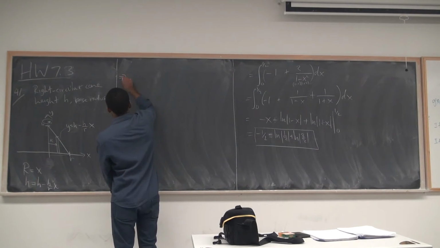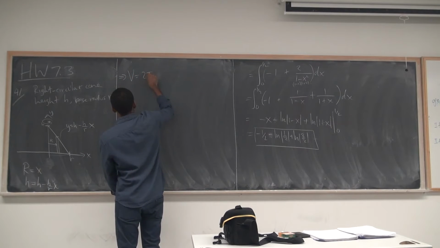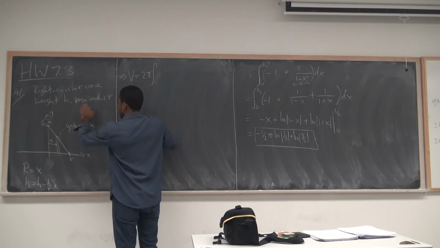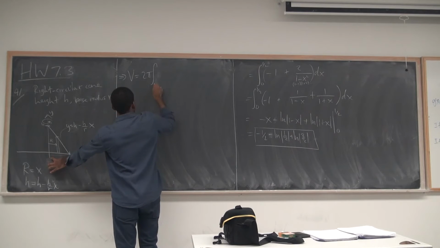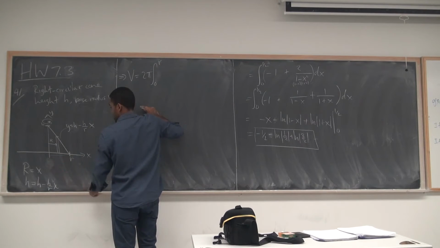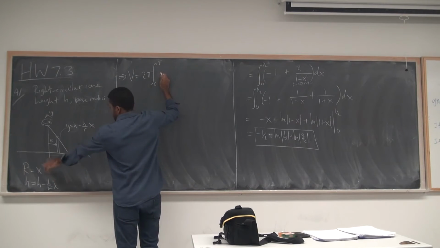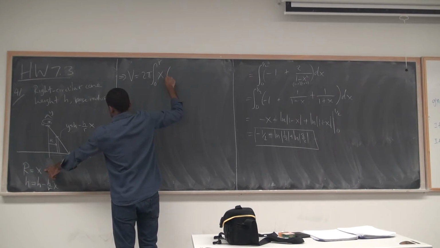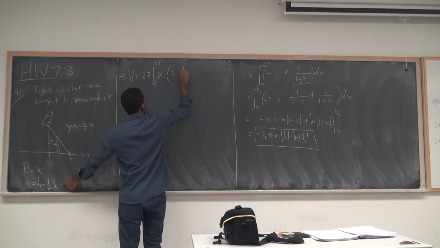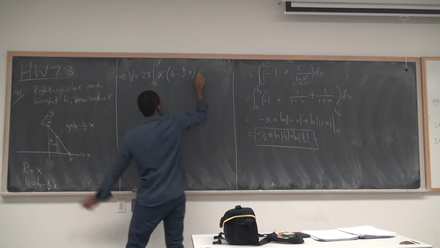And so this means that the volume of this is 2 pi times the integral with respect to x, with limits from 0 to r, of x times h minus h over r x dx.